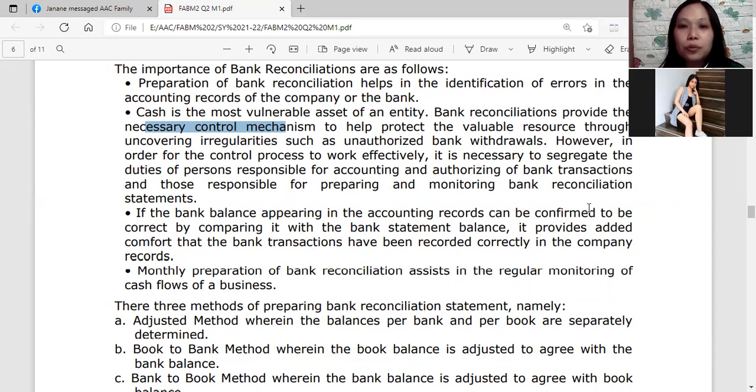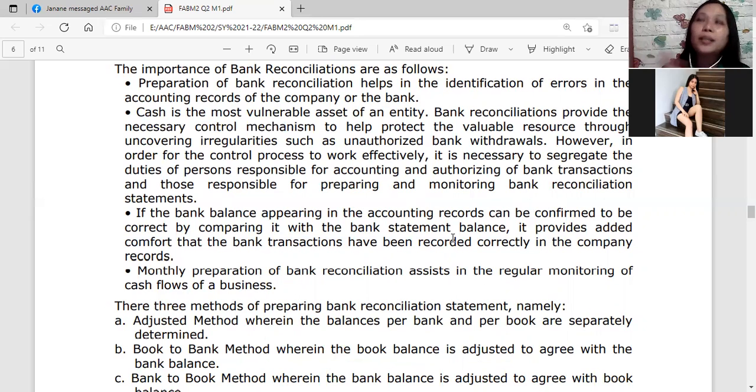It will also, if the bank balances appear in the accounting records, can be confirmed to be correct by comparing it with the bank statement balance. So it provides comfort that the bank transactions are recorded correctly. Okay, so it will give comfort.